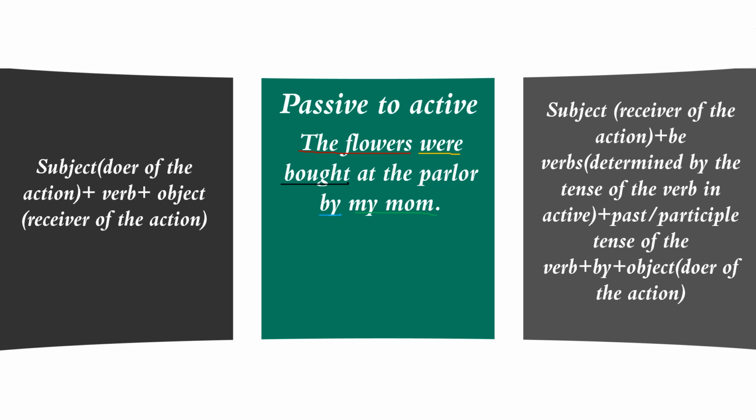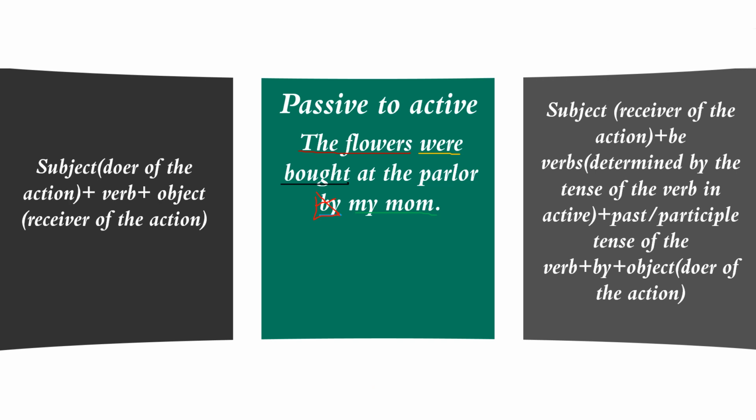So now that we've identified the parts of this sentence using this formula, we are now going to convert the sentence from passive to active. So we will now be using this formula to convert. Now that we are in the active, please keep in mind that most of the time the byword will not be in our sentence. Next is identifying the subject, or the doer of the action in this sentence.